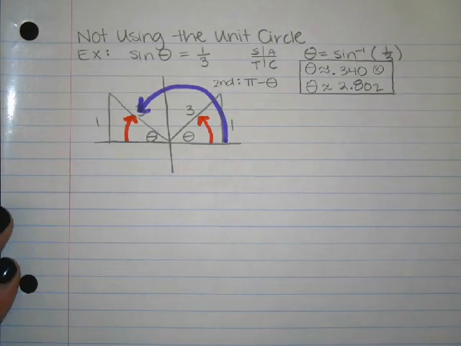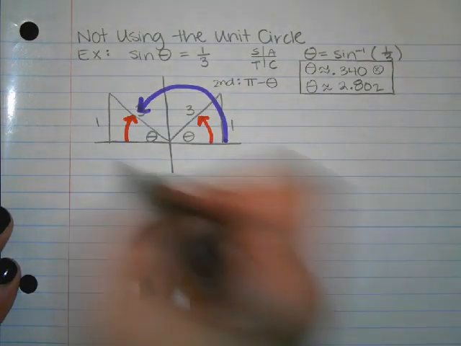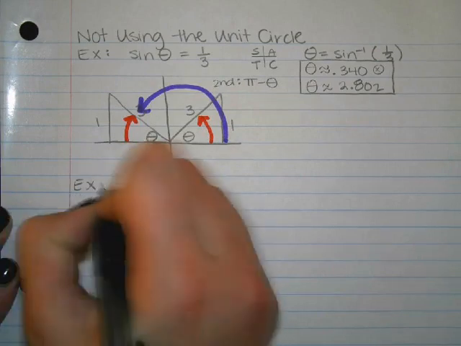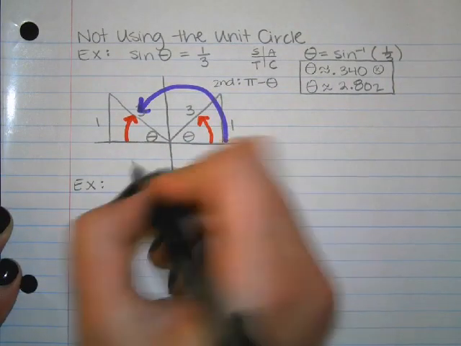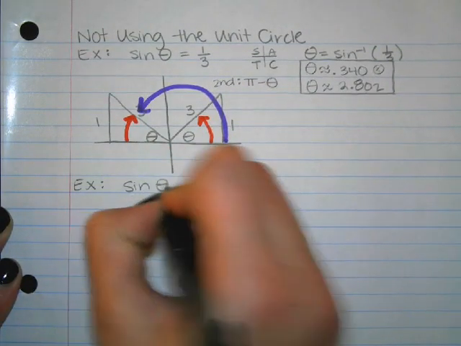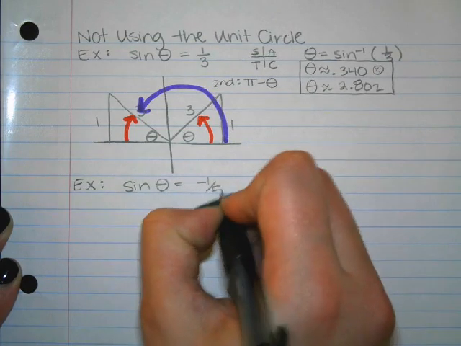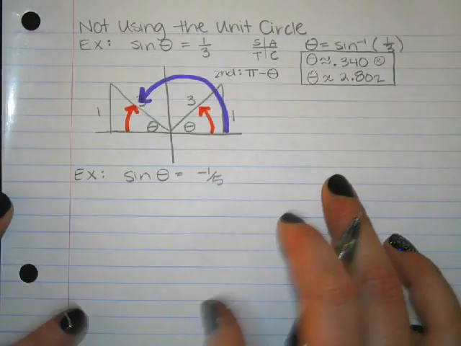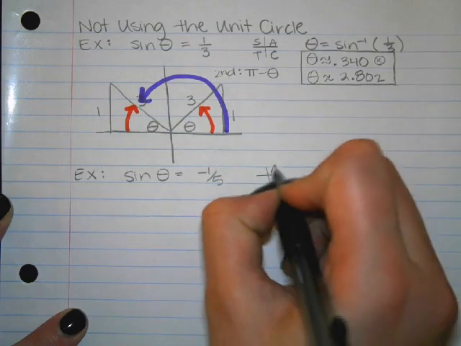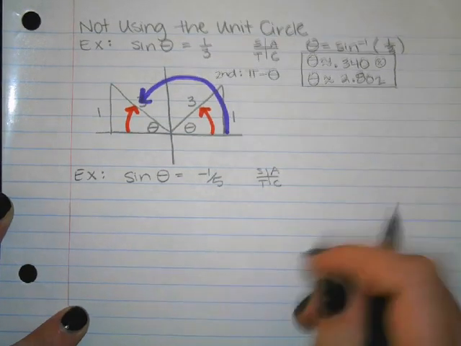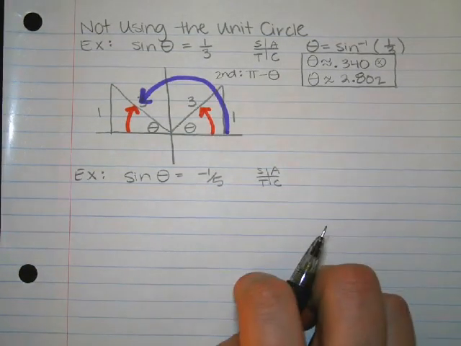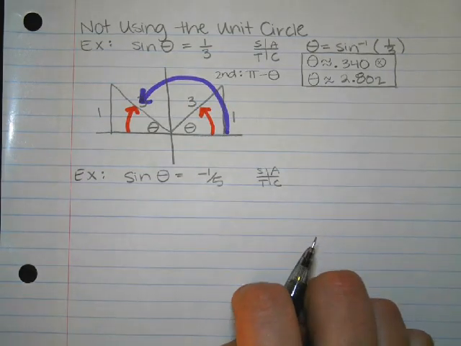Okay. All right, next we want to see what's different if our sine is a negative fraction. So I'm going to say sine theta is negative 1/5. So if sine is negative, and I'm thinking about all students talk constantly, we are no longer going to draw our picture in quadrant 1 and 2.